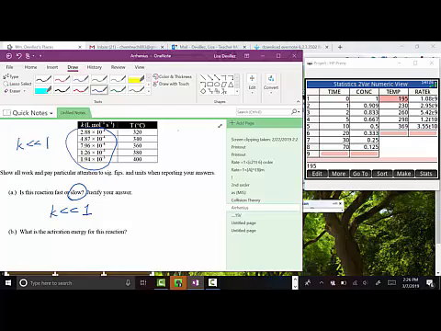I'm going to put in my temperatures. Now, these temperatures are in Celsius, but no worries, we will put them in Kelvin in the symbolic view. So we're just going to put them straight in as Celsius. 340, 360, 380, 400.